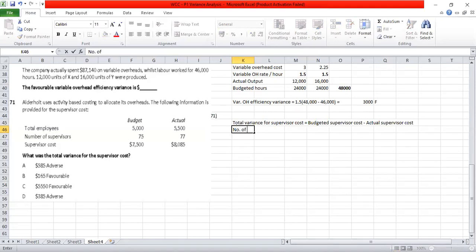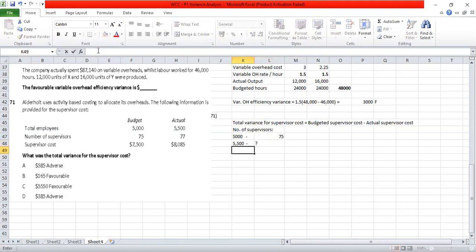Number of supervisors: for 5,000 employees it is 75, for 5,500 that would be how much?